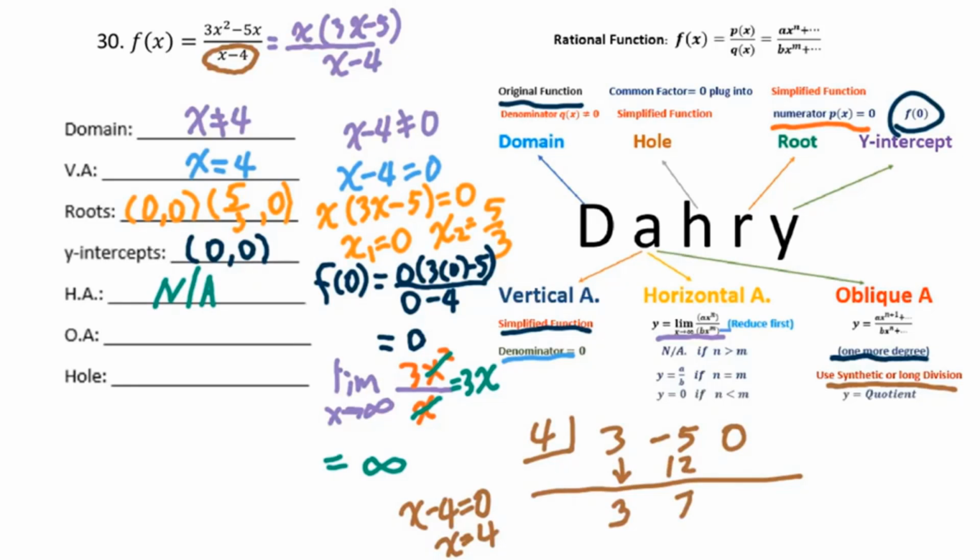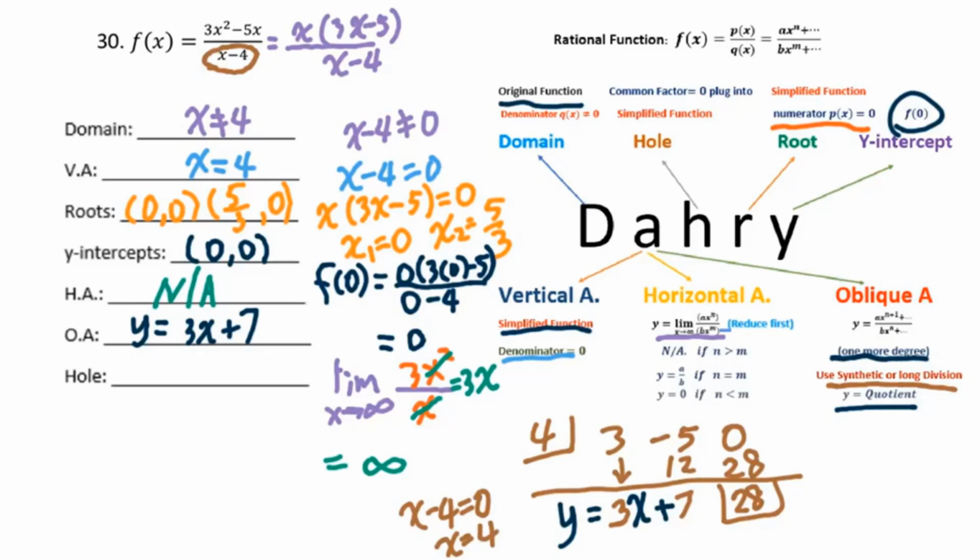You will get 7. 28. This will be the remainder. Therefore, 3x plus 7. y equals the quotient will be the oblique asymptote line. Therefore, y equals 3x plus 7.